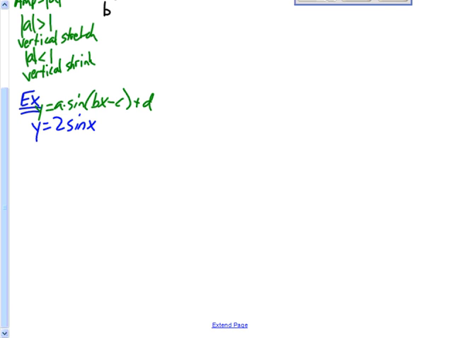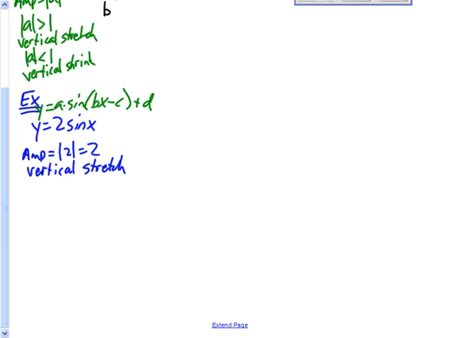The only difference between this and the regular sine function is you see how your a value there is 2? So your amplitude has changed. Your a is 2, and you want to note that the amplitude is the absolute value of 2, which is 2. So this is going to end up vertically stretching your sine function.